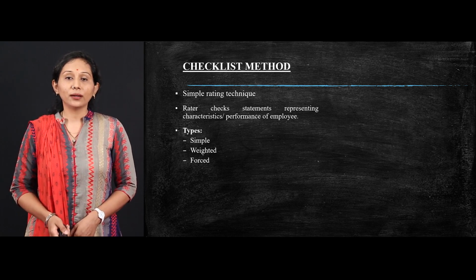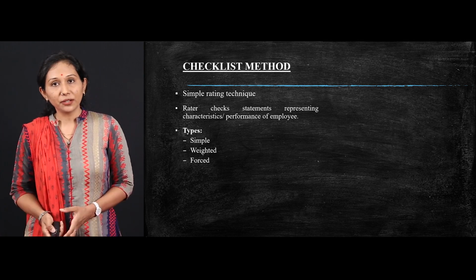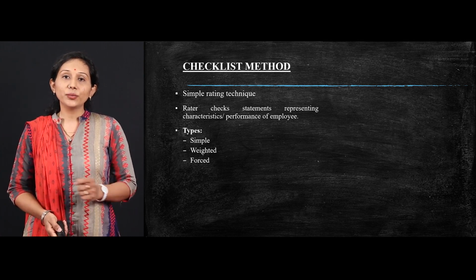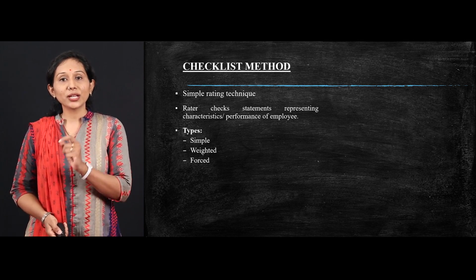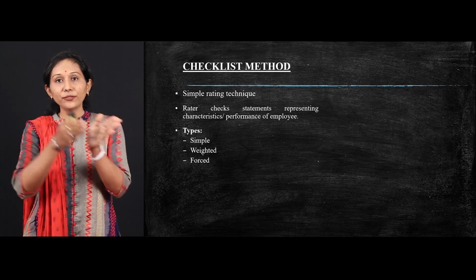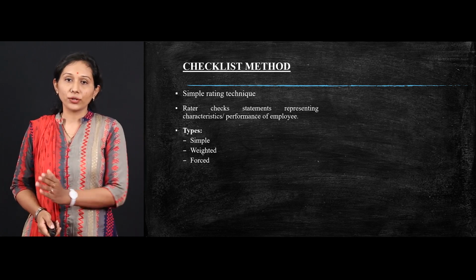Now, a simple checklist method is where a number of statements are given for an employee to be rated by a rater, and the rater has to just check whether it falls in one or the other criteria, like yes or no, true or false.